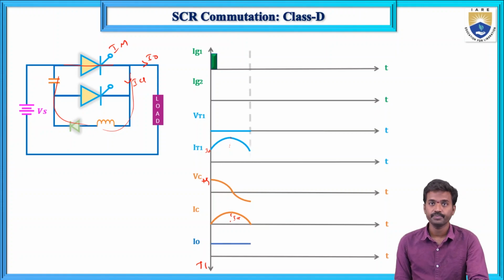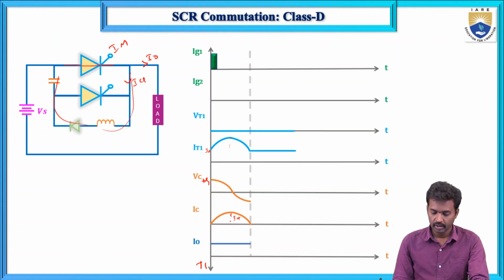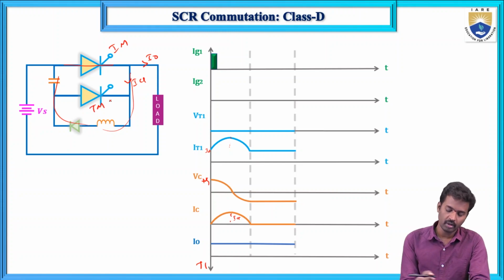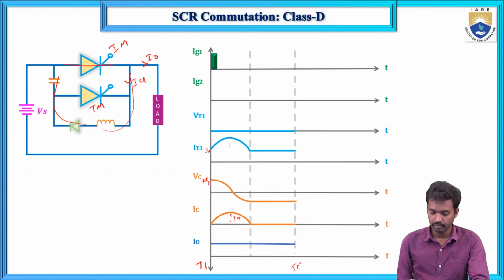Now in this condition, fire the thyristor so that TM will be turned on. This is the main thyristor. Now what will happen? Vt1 is negative, since we are applying reverse potential to this one.